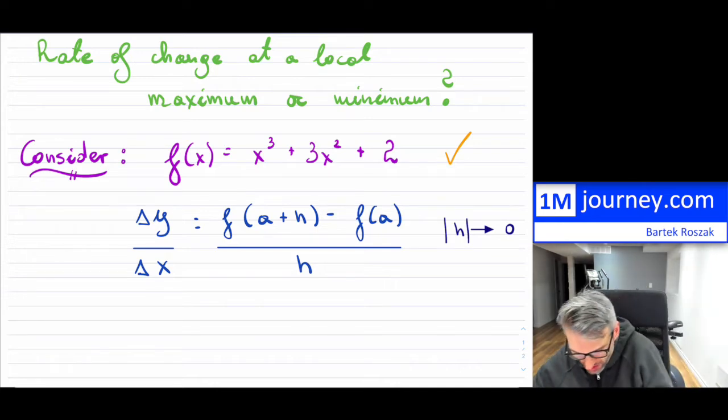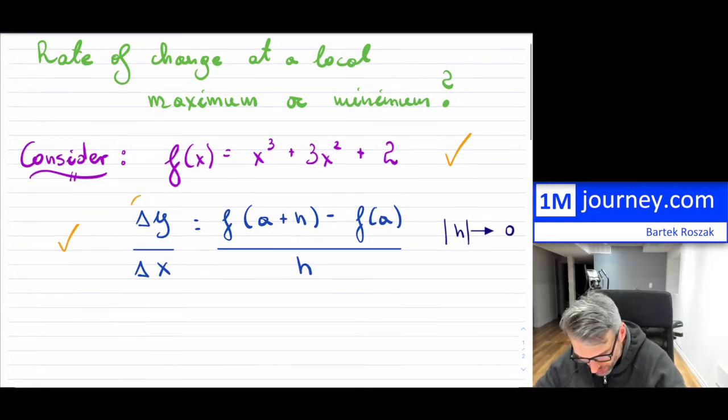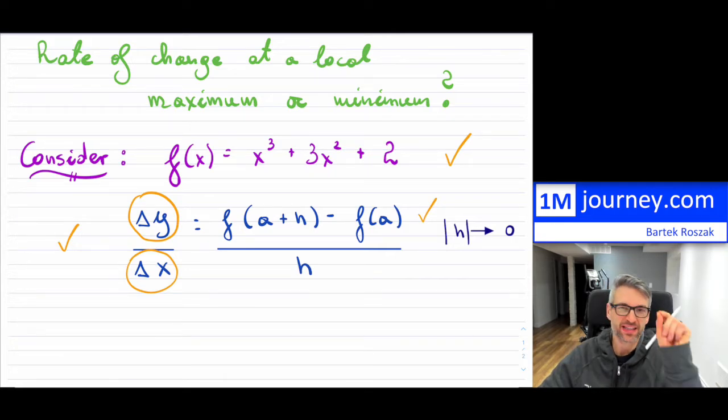So here's our definition of the instantaneous rate of change. It's the change in your output with respect to the change in your input, and we can summarize it this way: our function at a particular point a, being adjusted around that point a by h, where h is approaching 0 on both the positive and negative side, getting smaller and smaller.